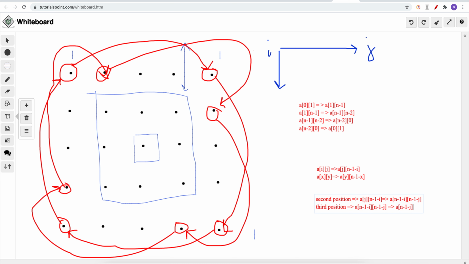And how this x goes to n minus 1 minus x. What's x here? x is n minus 1 minus i.